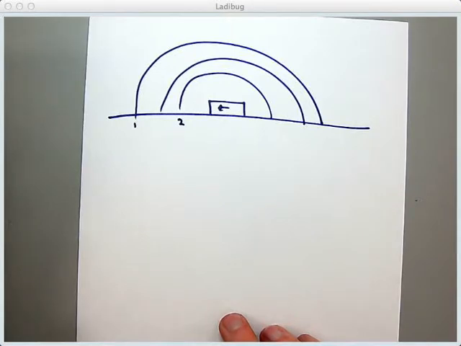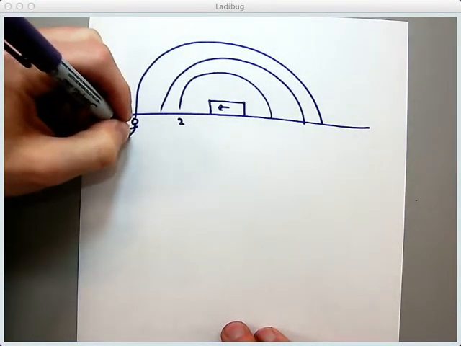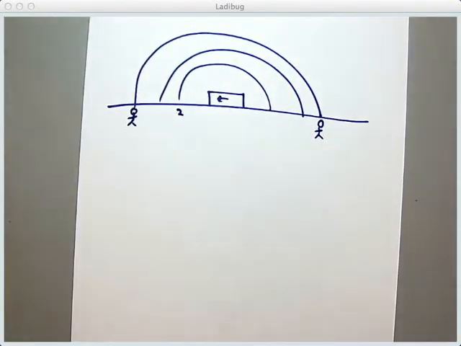Sound wave 1 was made first because it's farther out, right? Let's say there's a person right here at sound wave 1, and there's a person right here at that one. Y'all agree they hear it at the same time, right? Yeah, this is the same sound wave. They hear it at the same time because they're the same distance, right?